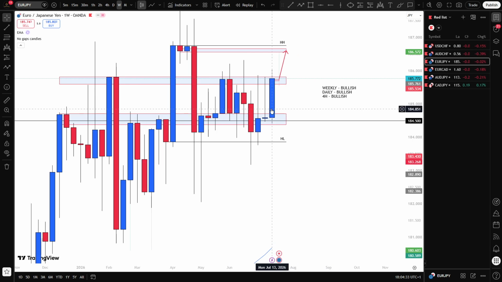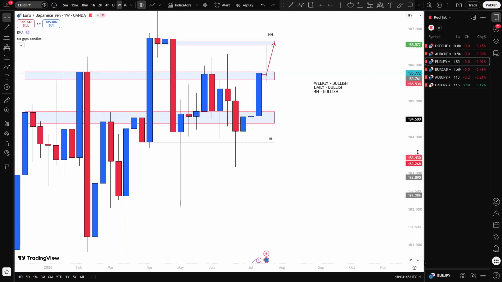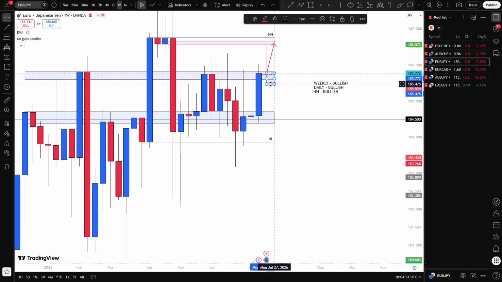Last week, we had a very strong rejection. So this week I'm anticipating this candle to open like this, then on this retracement back give more of a rejection here, so then we'll have the push to the upside.